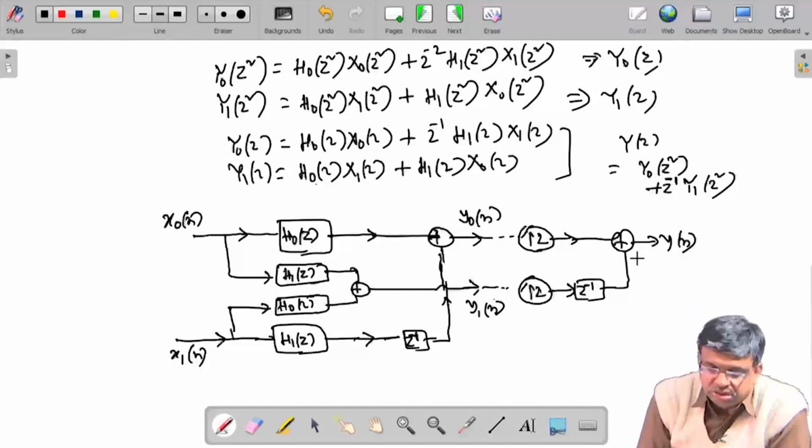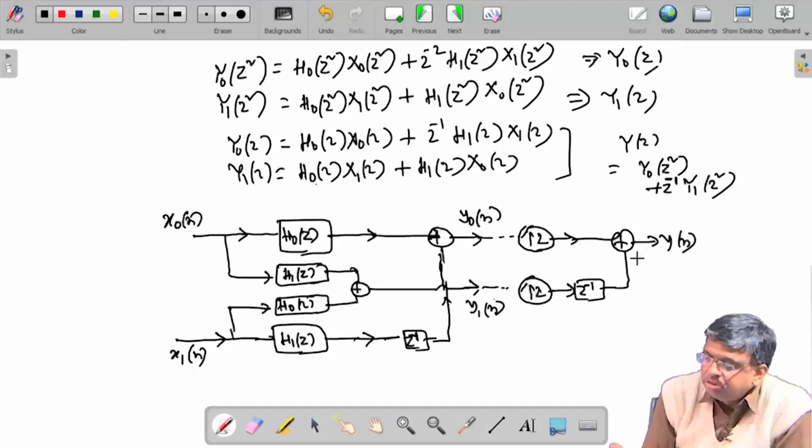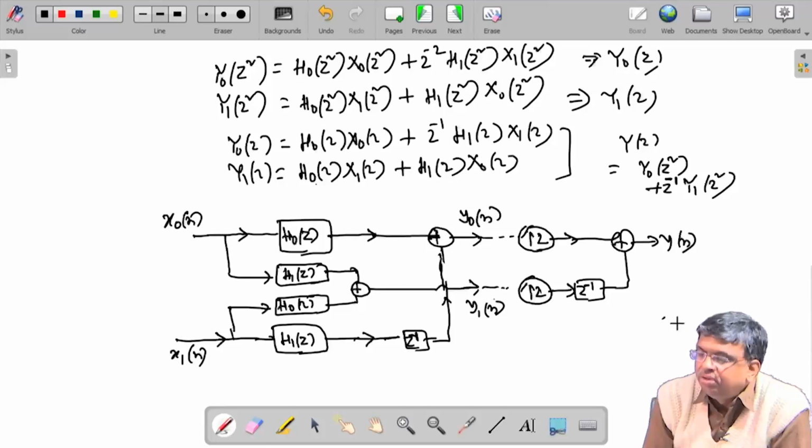Now, let us look at the structure. Suppose H z is an FIR filter, say it has 100 coefficients. Then H0 z will be what?